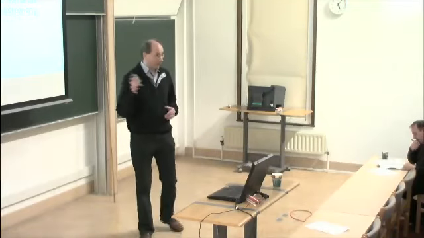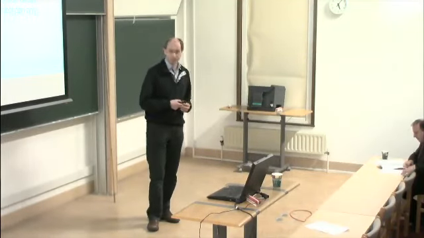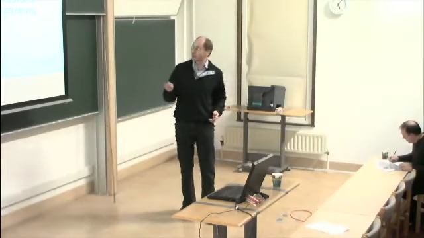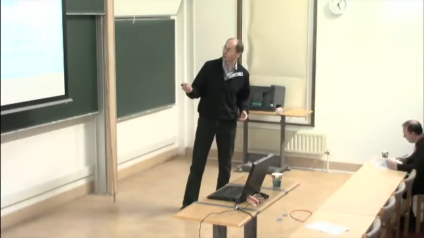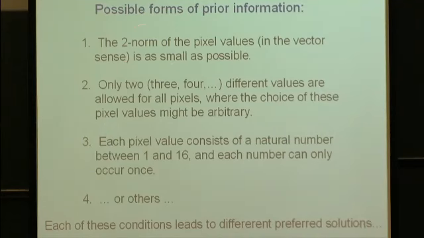Possible forms of prior information for this sample toy problem. You can think of many of them. So the first one is the one which my MATLAB-based solution gave me, the Moore-Penrose generalized inverse. Then you can think of others.